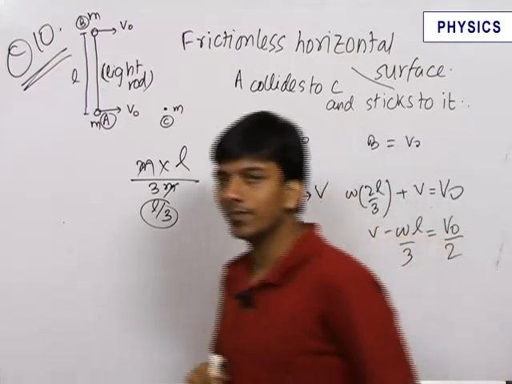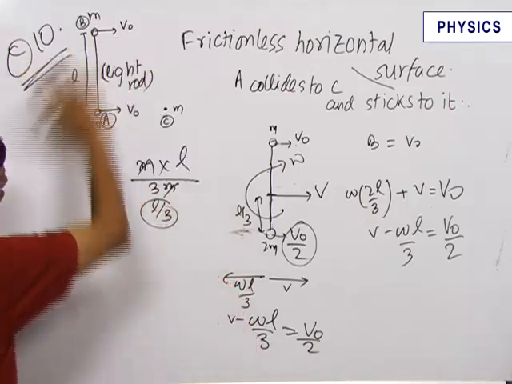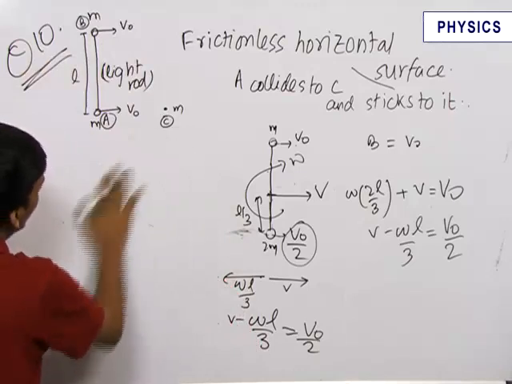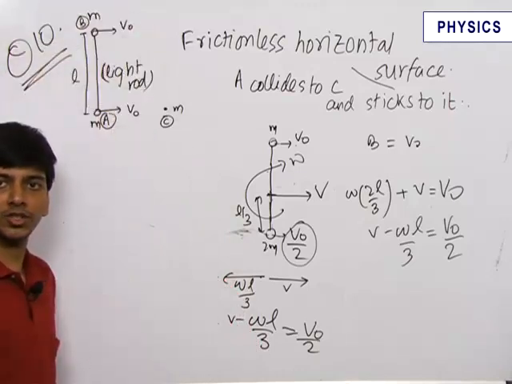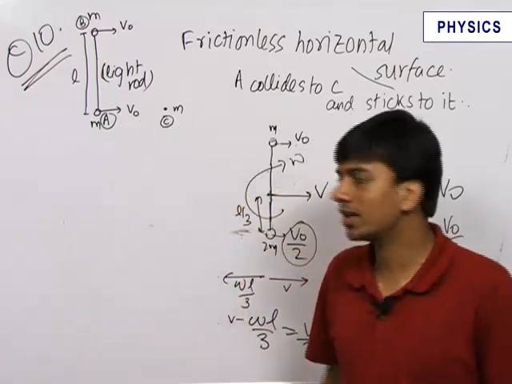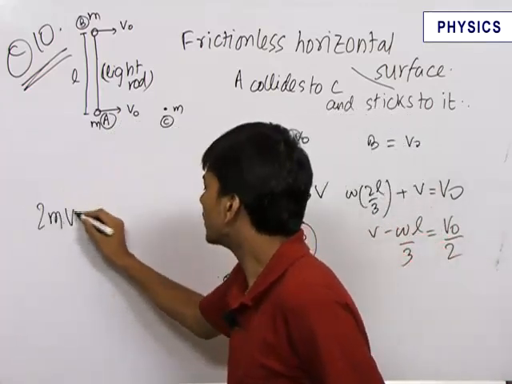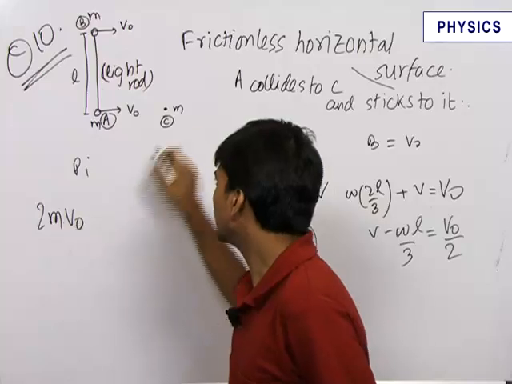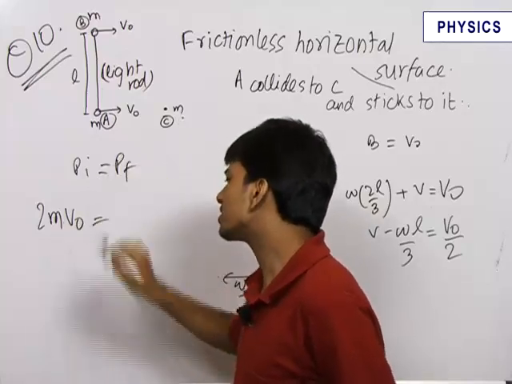But there is another way in which you could have got the answer directly. When we look at this whole system, it is experiencing no external force in the horizontal direction. So the momentum of the whole system in the horizontal direction remains conserved. So we can write 2mv0, that was the initial momentum of the system, the initial velocity of this object was 0, is equal to the final momentum of the system.